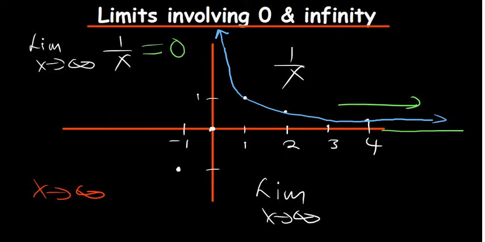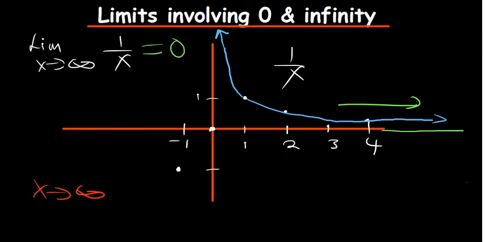Even if you have x on top as well, provided the power n on the bottom is greater than the one on top, let's say m, provided n is greater than m, provided the denominator has got a higher power, this is still going to be approaching 0. That's very important.